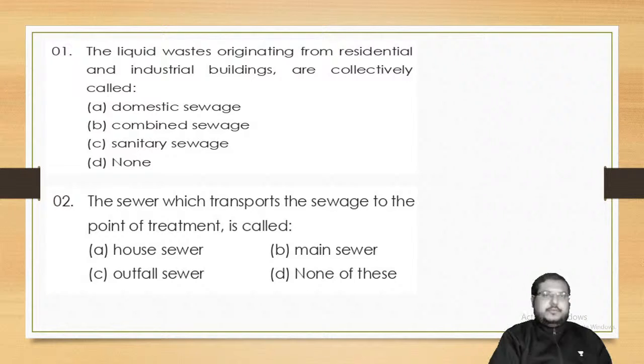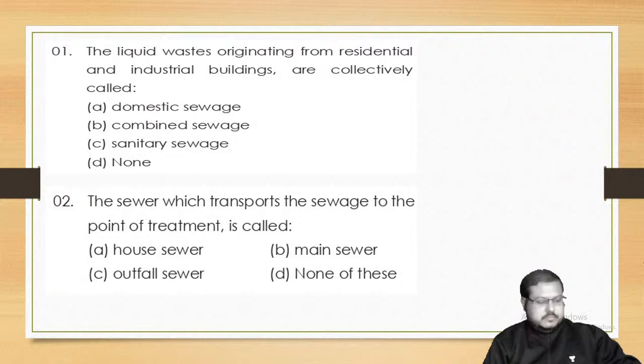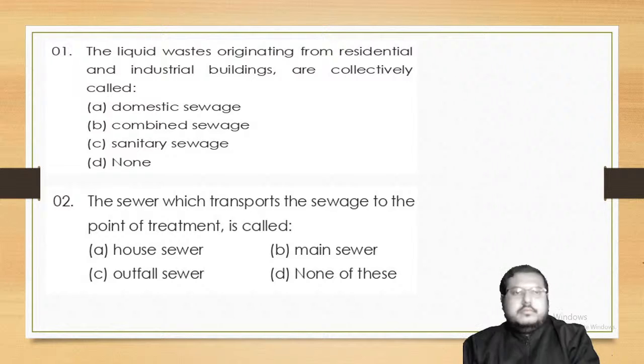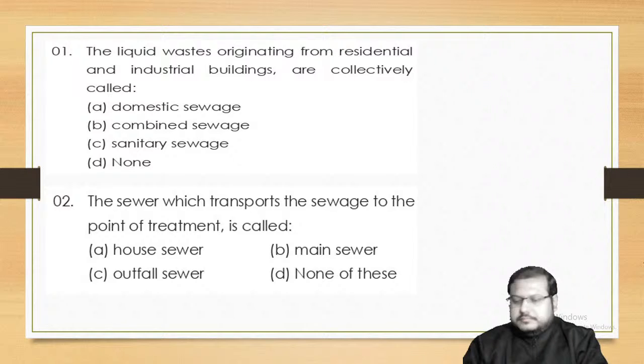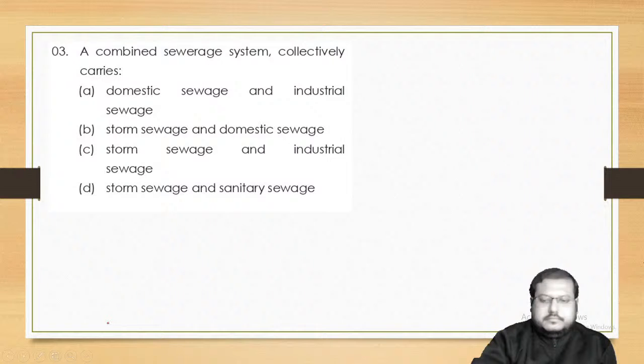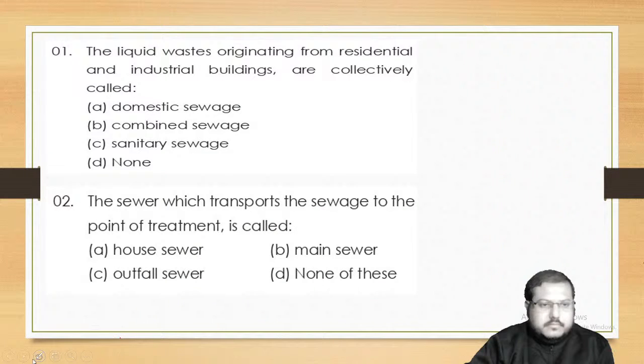The liquid waste originating from residential and industrial buildings is collectively called as sanitary sewage. Four options are there: domestic sewage, combined sewage, sanitary sewage.